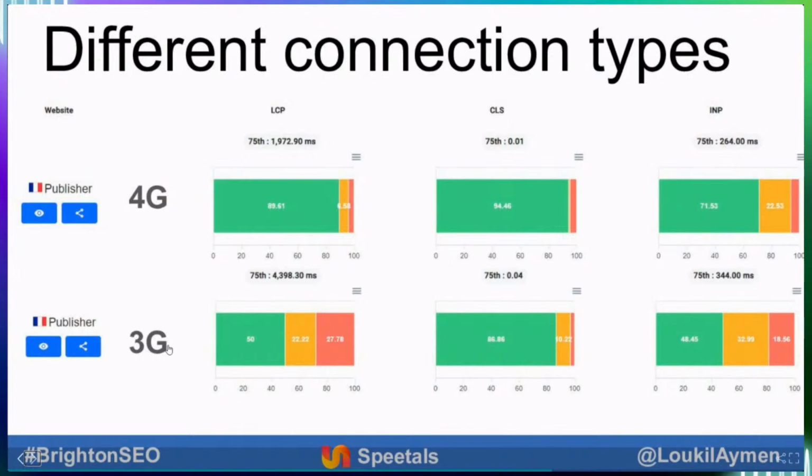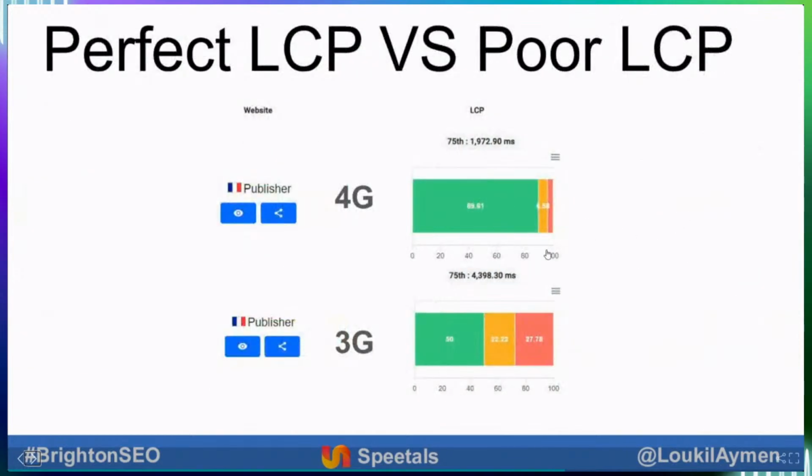But on 3G, we are moving from a perfect LCP, 1.9 seconds on mobile, to more than 4 seconds, which is huge. And 3G still exists, right? We can't just say everyone is getting 5G and 4G. Obviously, even in Europe.